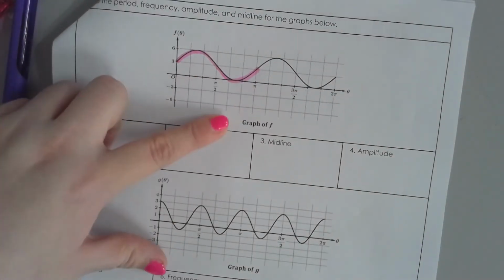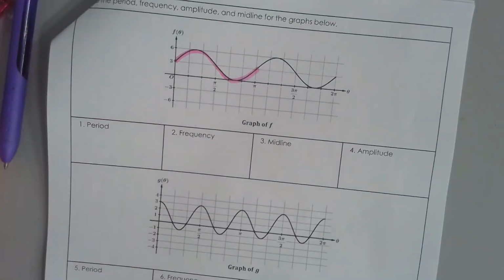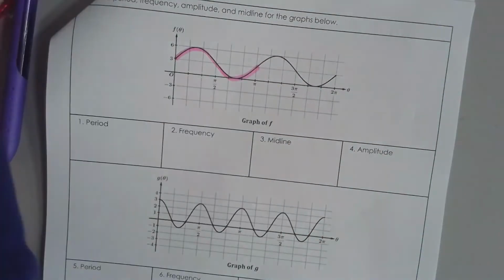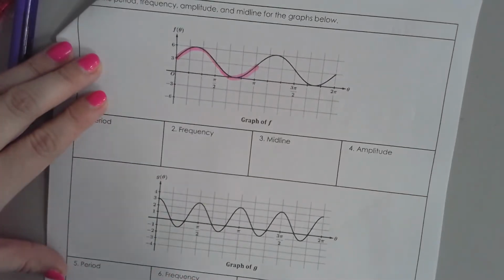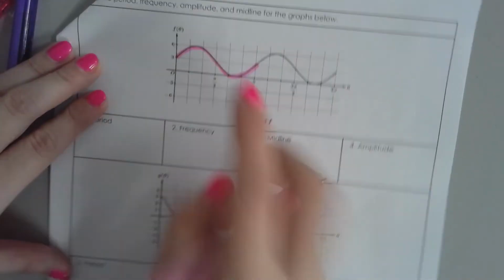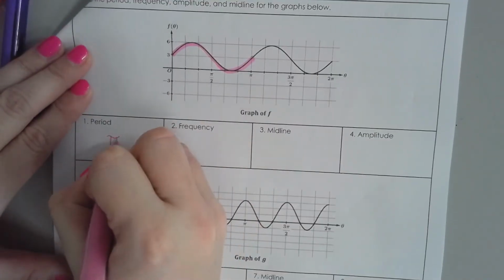It's one full cycle before you start repeating the pattern again. So if I started at 0 and ended at pi, what's my period? Not 1 pi. Your period is pi.